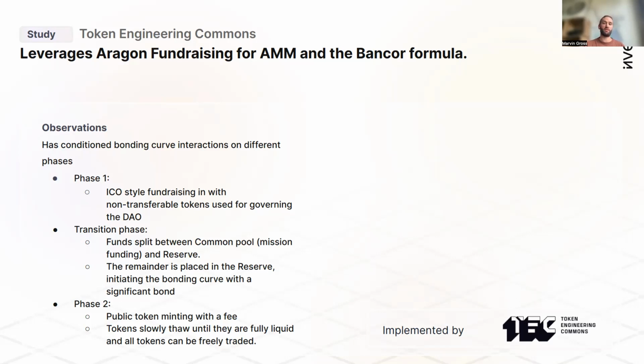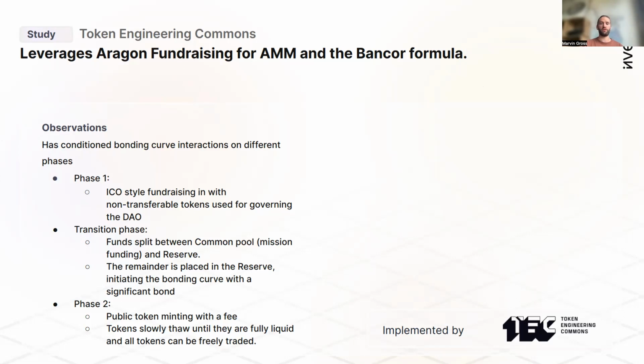This enabled that part of the assets could fund the mission of the commons, while on the other side, all phase 1 token holders got tokens distributed pro rata, giving each the same price.